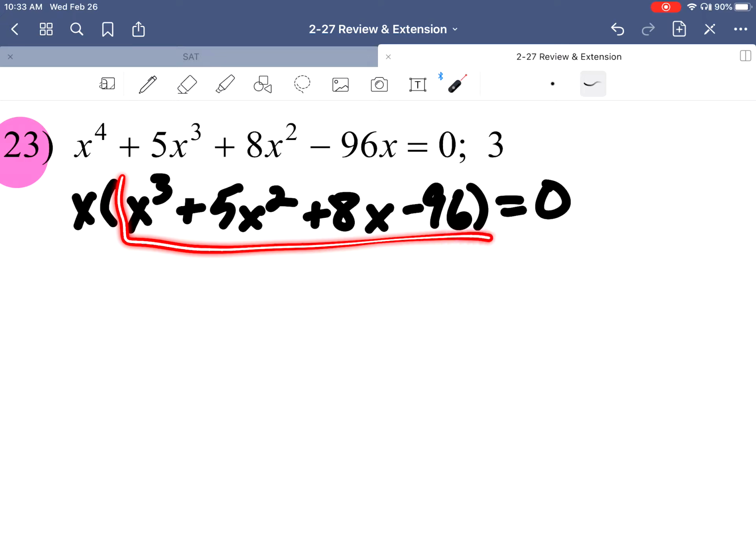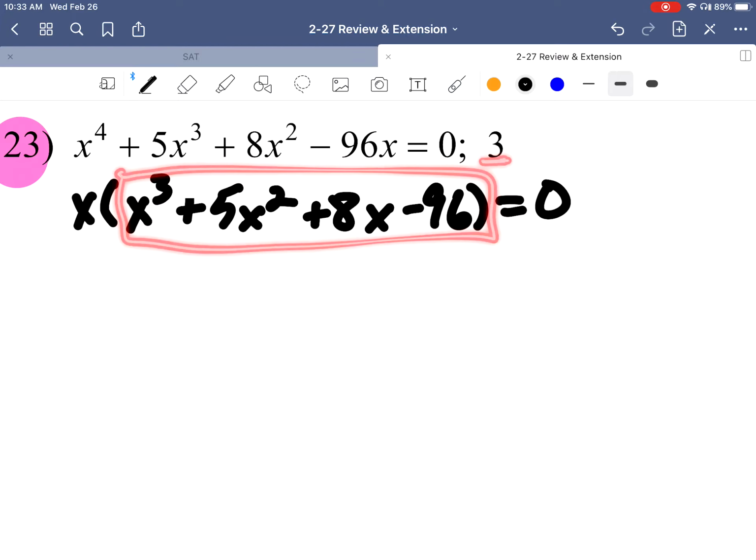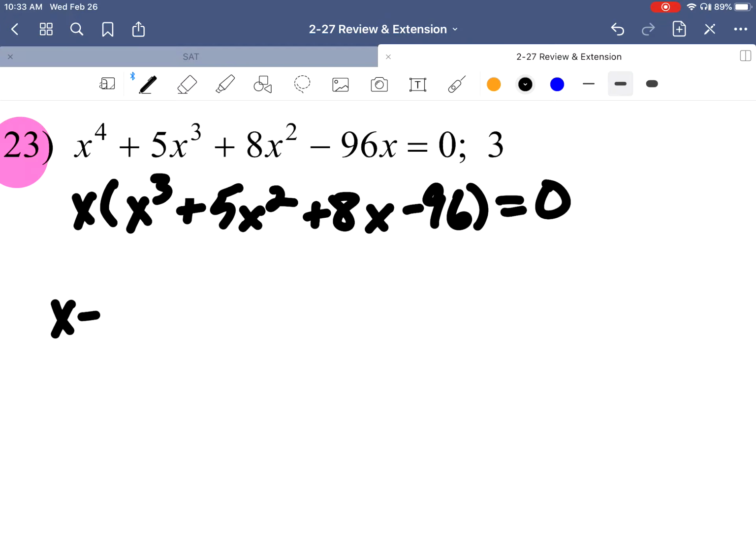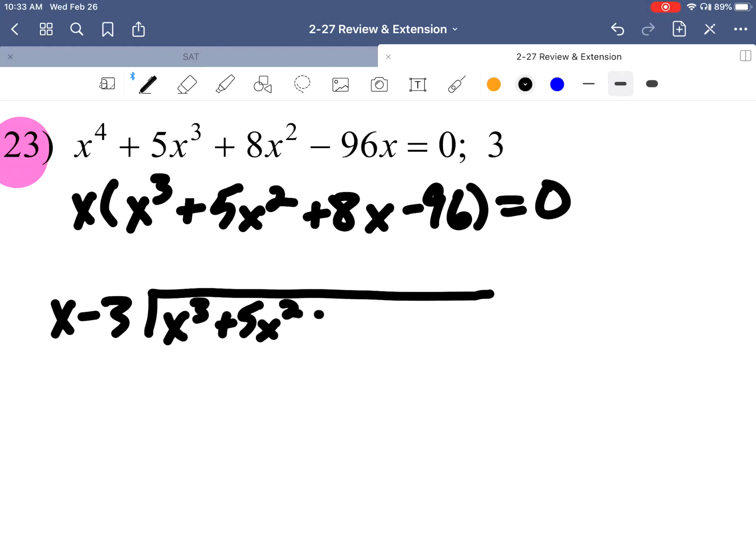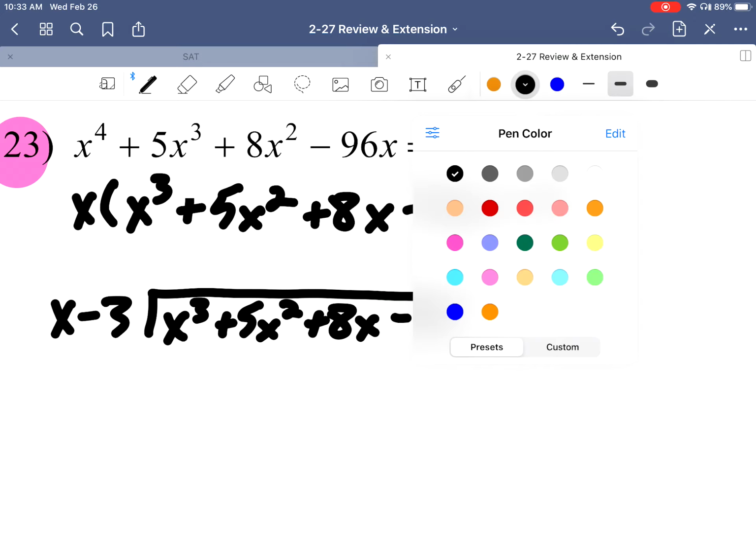And now we're going to divide this by x minus 3 because one of our roots is 3. So we have x minus 3, and we're dividing that into x cubed plus 5x squared plus 8x minus 96.